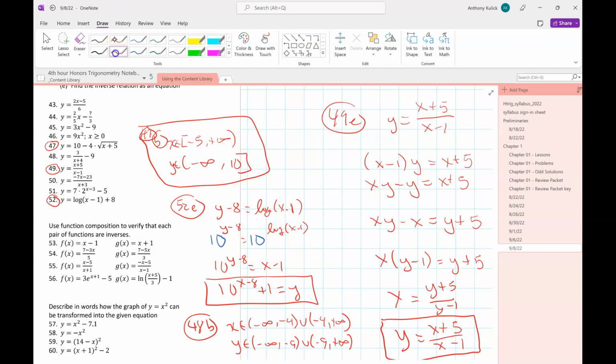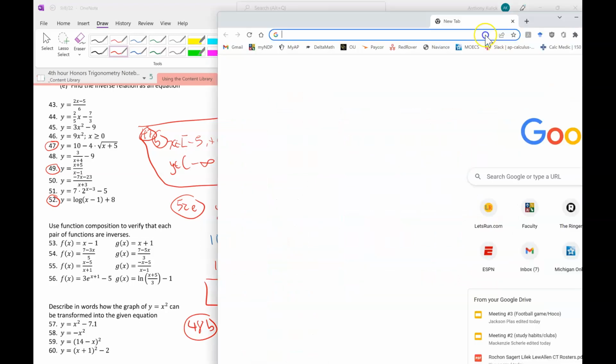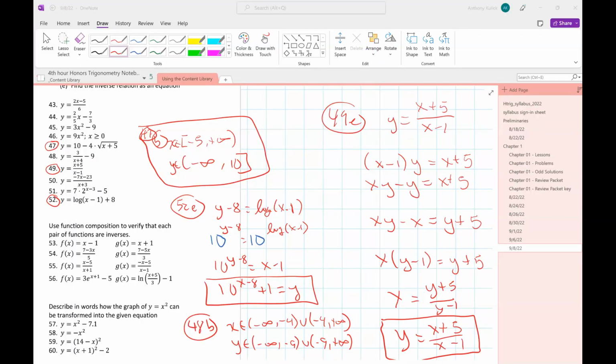On Delta Math, for the minimum and maximum values, how come it doesn't want a point? I put a point in and I got it wrong. Ah, so it's a vocab thing. If we're talking about an extrema, that's a point. If you're talking about the minimum of a function, that's a y value, the function's output.